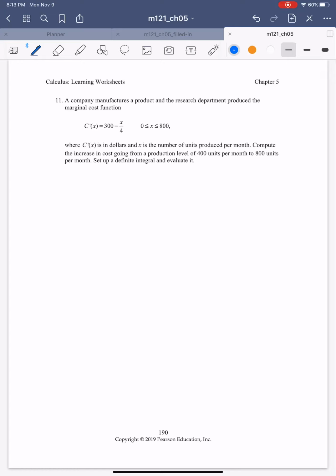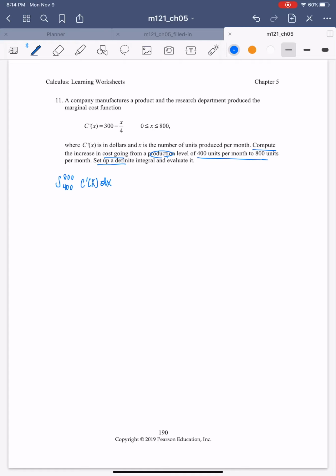All right, so let's do that. This is what we want to do. Compute from 400 to 800 of our production level, right? So instead of 0 to 800, we want 400 to 800 of C prime of x dx.